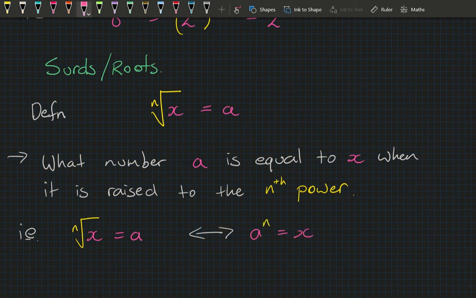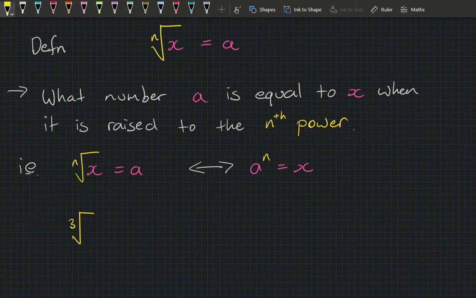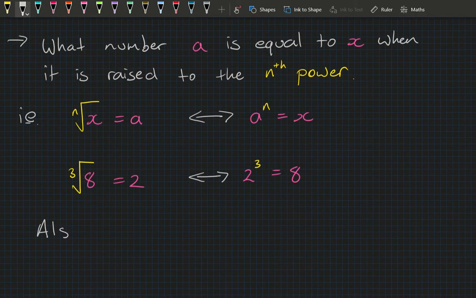So a common example us teachers like to use is the cube root of 8 equals 2, because 2 cubed is 8. I suppose that's because we've got a power that's greater than 2, and 2 is a nice easy number. And it's also worth mentioning that the square root is the second root. It's just a matter of convention that we don't write the 2.